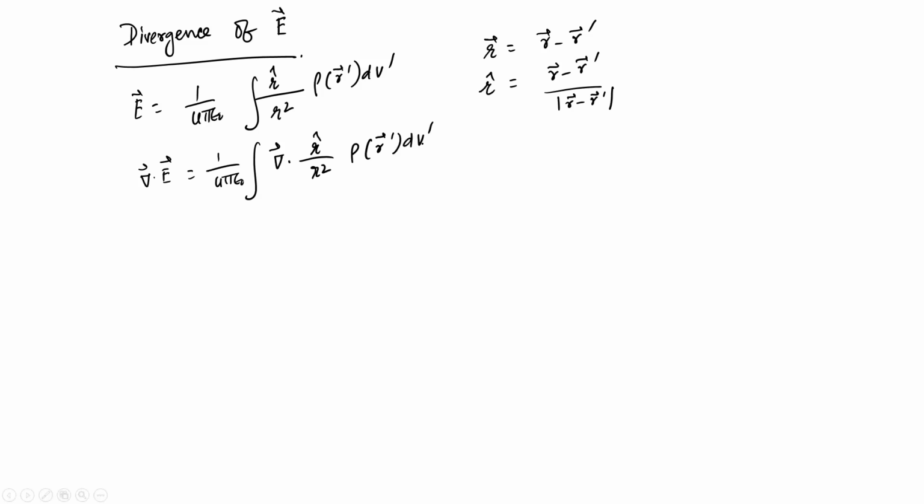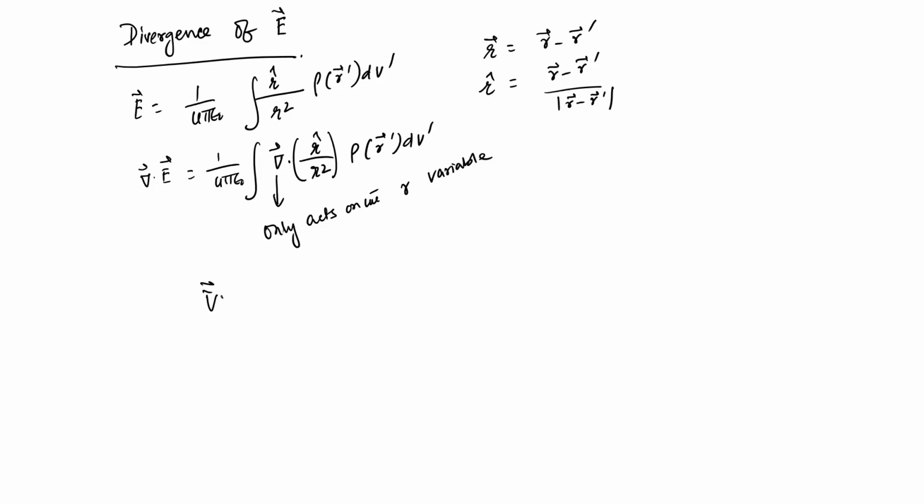Now, interestingly, this divergence only acts on the r variable, which means that it only acts on the field variable, not on the source variable. And so, we need to only consider this divergence and do not need to worry about divergence of rho, which may still exist, but we do not need to talk about that.